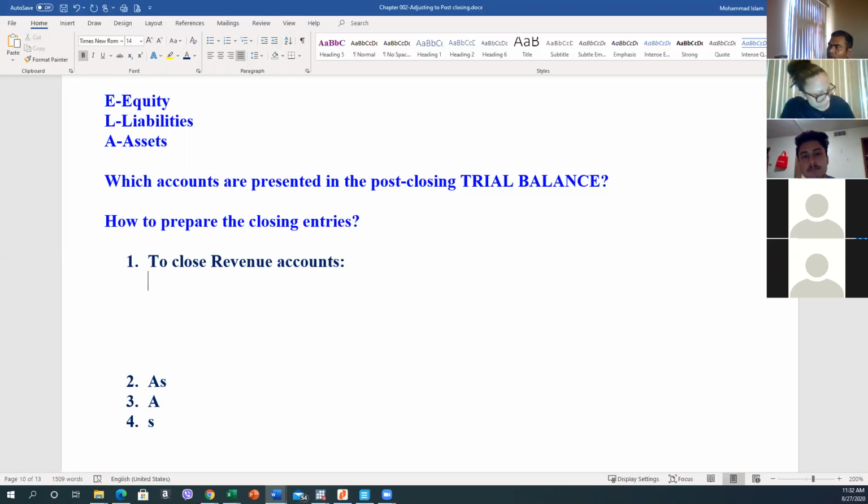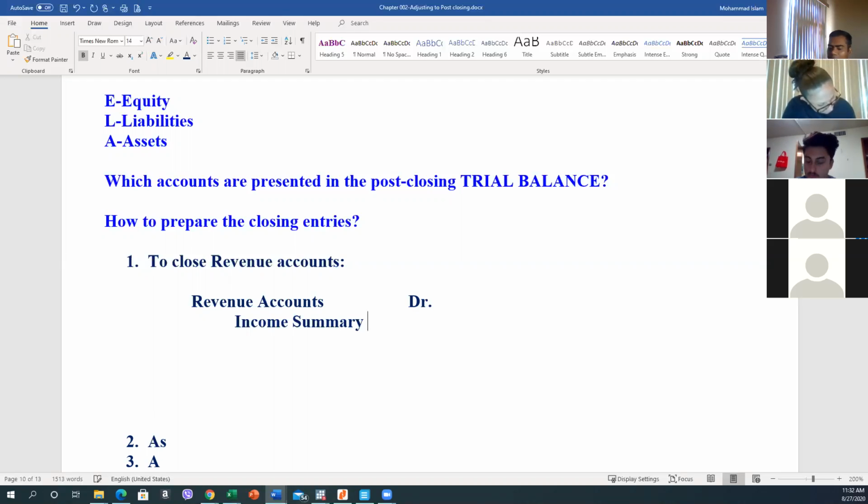So to close the revenue accounts, the entry would be revenue accounts debit and income summary credit. Here income summary means actually the income statement. When we are debiting or crediting the income statement, we write the income summary.